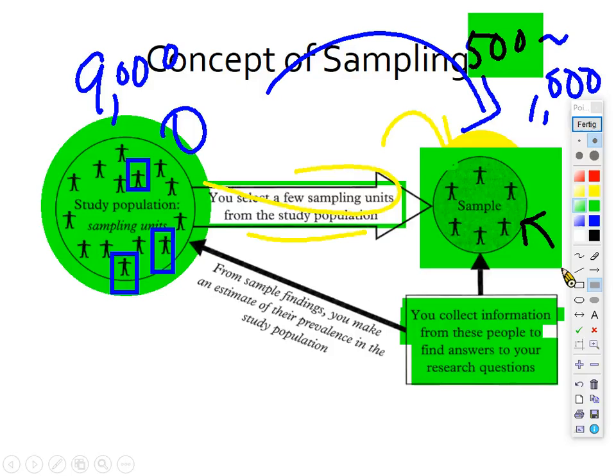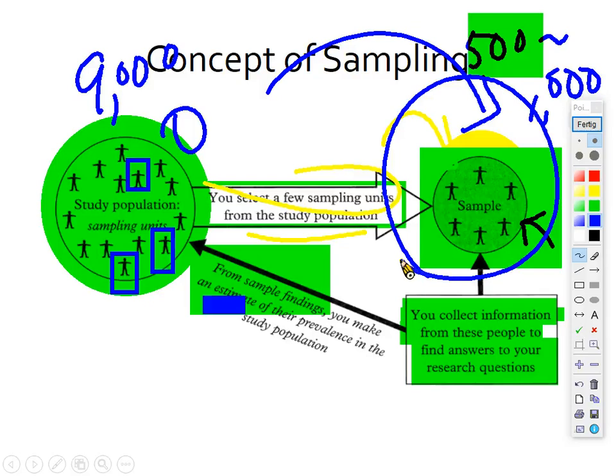So basically, what I'm doing is, from sampling findings, I estimate. Did you see the keywords here? I estimate their prevalence in the study population. So basically, I collect data from the sample, and with the sample findings, I estimate what happened to the population. See this? Very simple, right?